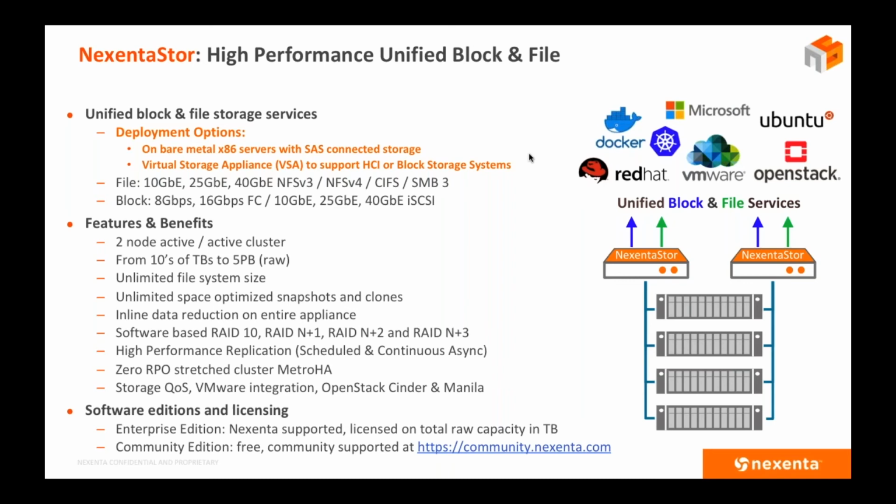The problem is what it doesn't give you oftentimes is the file services that's needed on top of that. And that's something that the virtual storage appliance really does excel at, to run as a VSA on top of the hyperconverged, utilizing the resiliency of the storage on the back end of the HCI solution, or utilizing that block storage and presenting that back out for NFS and SMB usage.